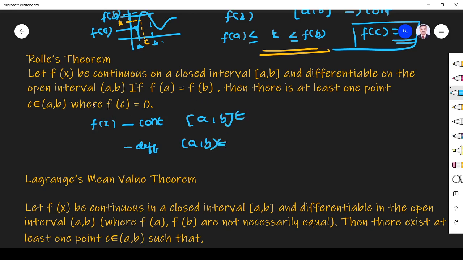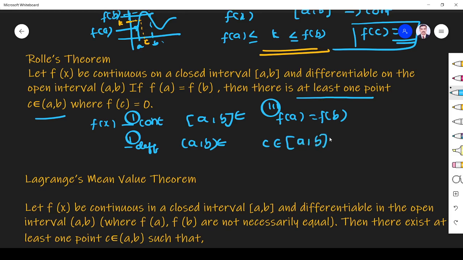So what are the conditions? The function f of x must be continuous and differentiable, and the third one is f of a is equal to f of b. If all three conditions are satisfied, then there is at least one point c in the open interval between a and b.